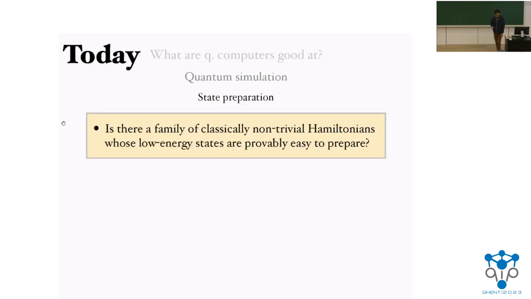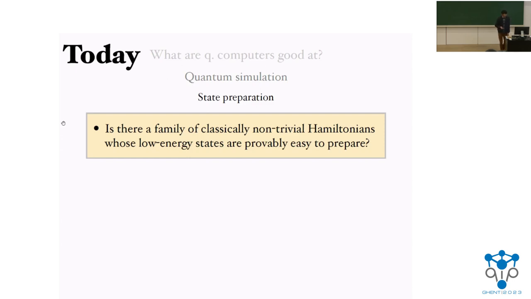To summarize, today we started out asking what quantum computers are good at. Then we narrowed down to quantum simulation, and then we narrowed down to state preparation. We ended up thinking about this problem: whether there's a family of classically non-trivial Hamiltonians whose low-energy states are provably easy to prepare.